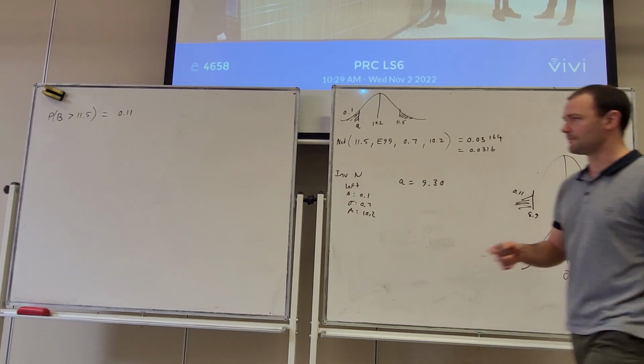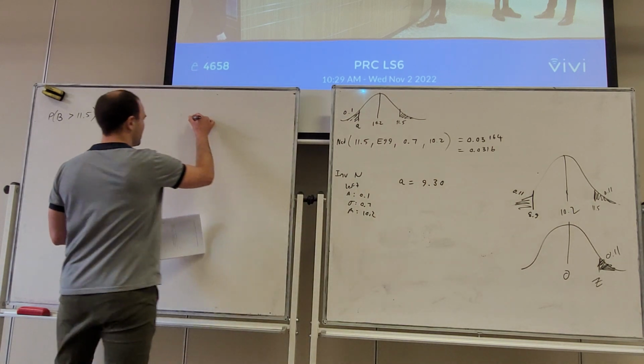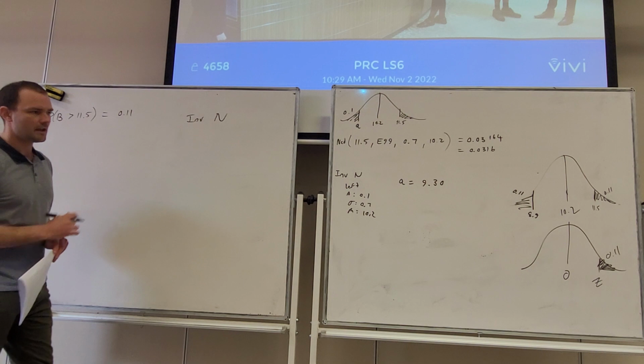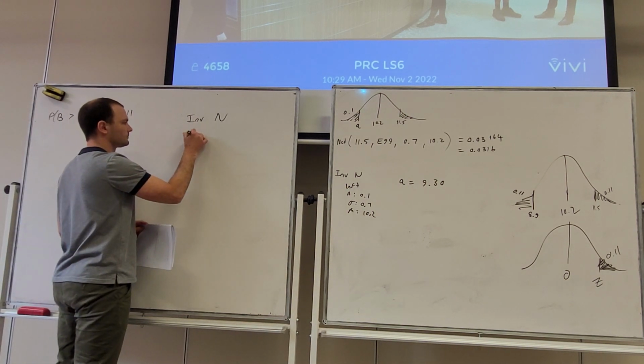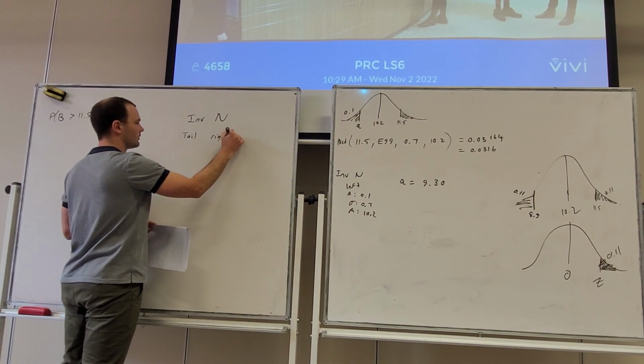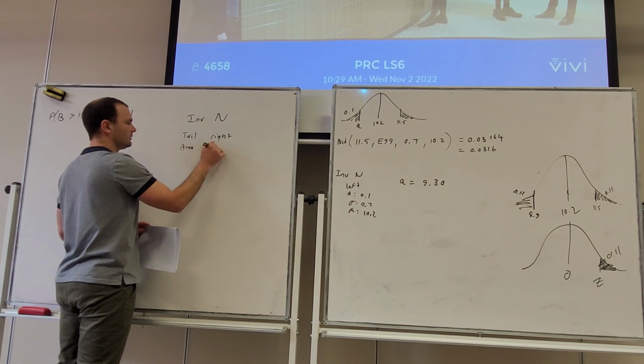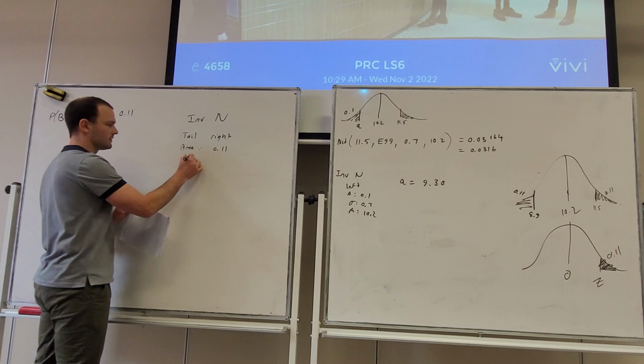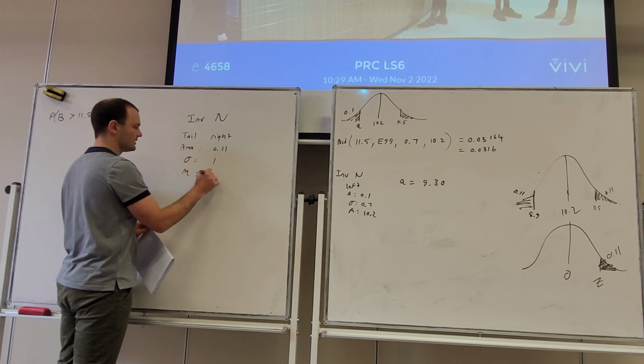All right, so if that area is 0.11, what's the z-score that corresponds with it? So for the first part of this question, we need to go inverse normal calculation. We're doing our tail to the right. The area is 0.11. Standard deviation of a z distribution is 1 and the mean is 0.